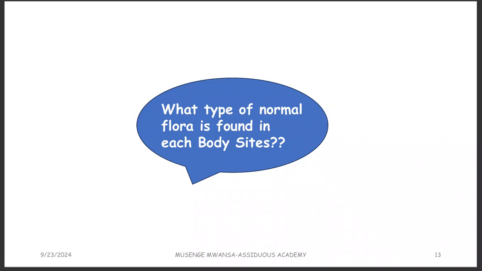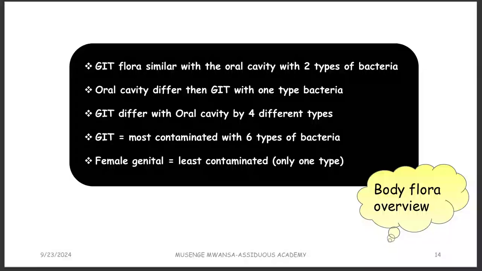Now, what type of normal flora is found in each site of the body? This is the question you need to know. The GIT flora is similar to the oral cavity with two types of bacteria. This is just a general overview so that it will be easy for you to remember.